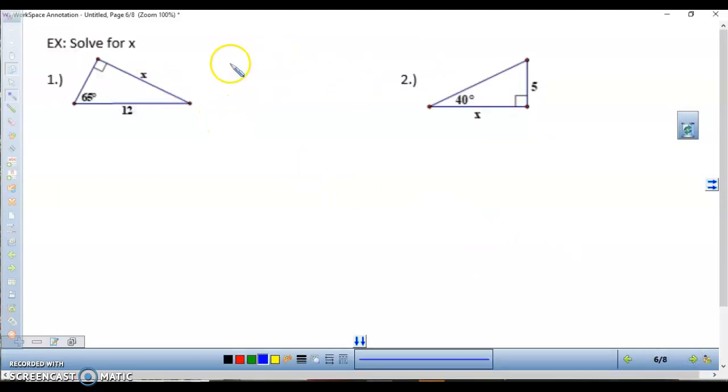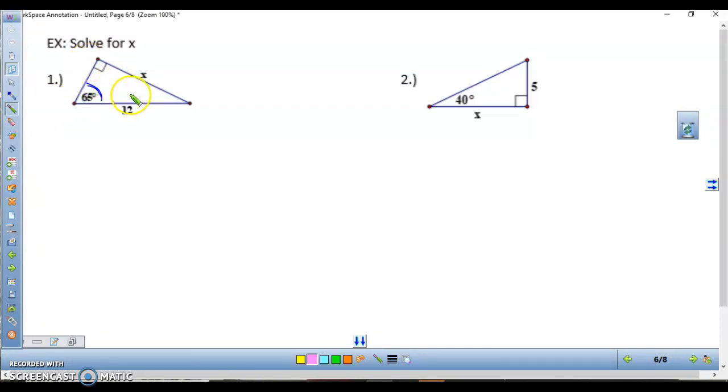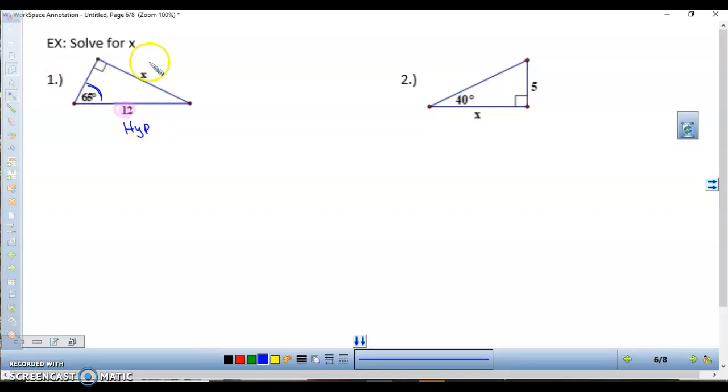So I'm just going to follow that same protocol. The first step is here's my angle. Here's that 65 degrees. And relative to that angle, the 12 is the hypotenuse. And the x is the leg that's opposite the 65. Notice how this adjacent leg is not involved whatsoever.